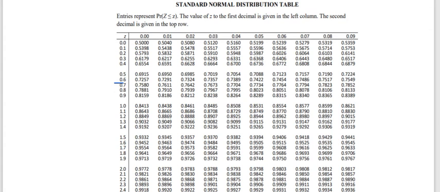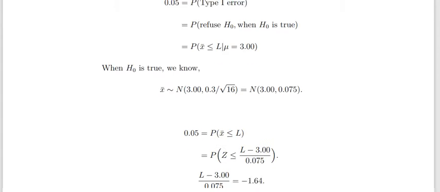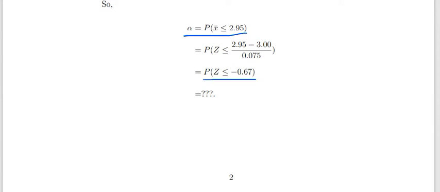This is 7486, but that means 1 minus that. So this equals 2514.